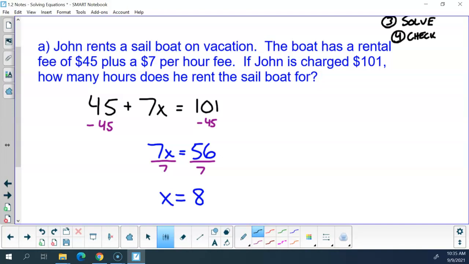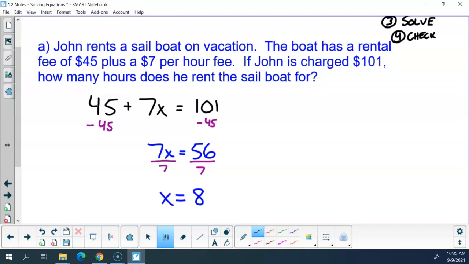Okay? What I mean by things that don't make sense is, what if we would have gotten negative 8 hours? Hard to rent something for a negative amount of time. Or if it's a people problem, if we've got 7.38 people, that's an issue.